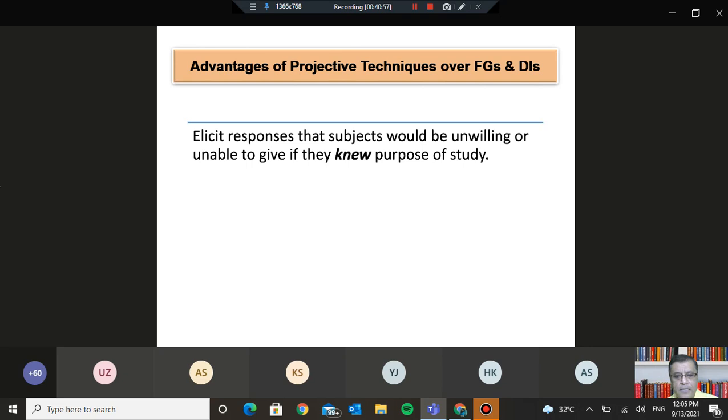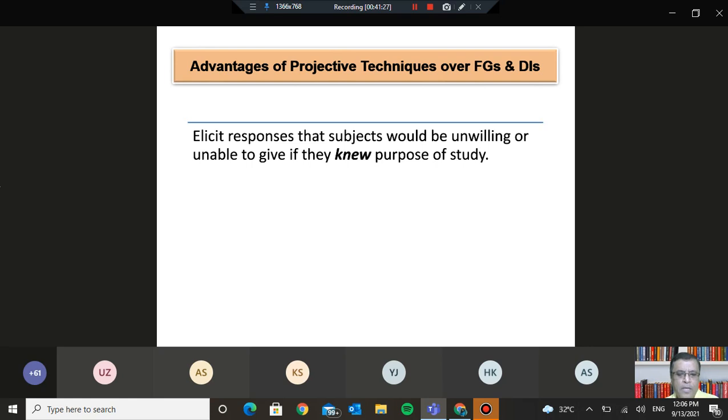For example, let us first discuss the advantages of projective techniques over focus groups and depth interviews. Here, whatever responses are being shared with us by those with whom we are interacting, we refer to them as subjects. Had we approached them through, for example, a depth interviewing procedure, which was not a disguised method, or a focus group, maybe in those settings the person may not have opened up.